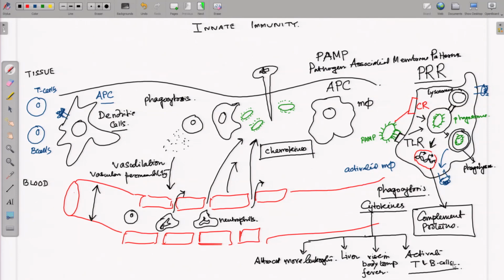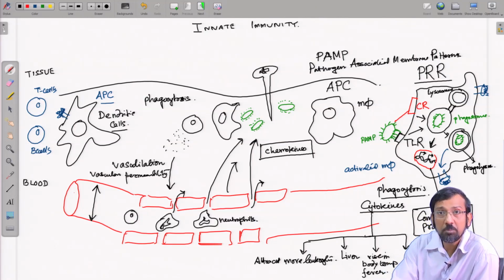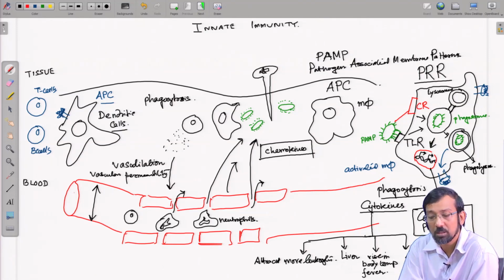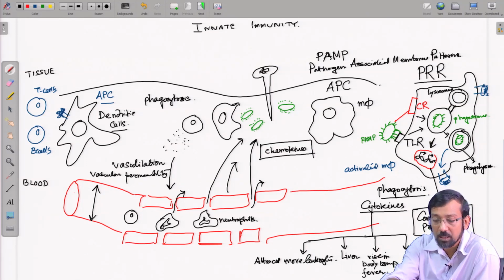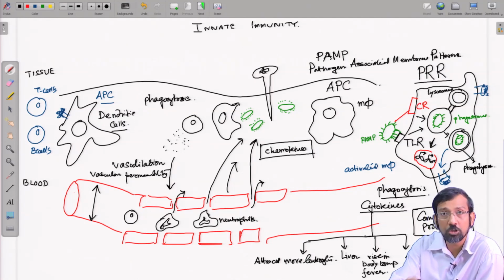So, if we look into this whole picture again very carefully, the innate immune system starts with the immediate invasion of a pathogen in our body as soon as it crosses the anatomical barrier. For example, there is a nail piercing or an insect bite, and the pathogen enters into the tissue.